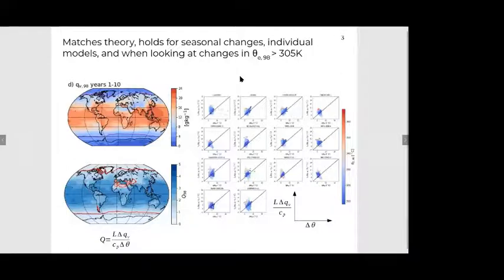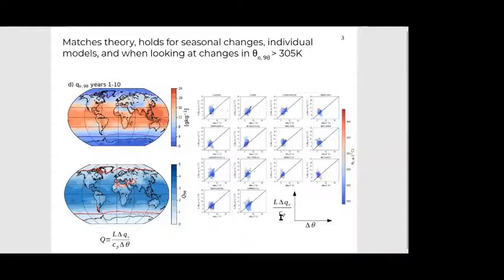There's another way of showing this and focusing in on extreme events now. I'm plotting here the changes in specific humidity versus the changes in potential temperature for all the models that I used in the analysis. And these are changes only for theta E values greater than 305 Kelvin in the baseline climate. So this is only looking at how these two quantities vary for extreme heat stress events.